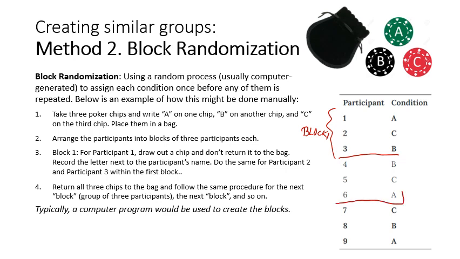Block 2 would be here. You can see that the chips were drawn out B, then C, then A. Block 3 is here. And you can see the chips that were drawn out were C, and then B, and then A. And you'd continue that till everyone is assigned. So you can see how this is a nice randomization process that generates equal group sizes.